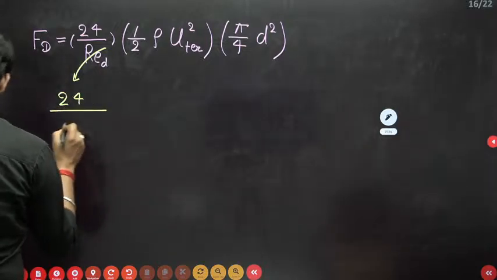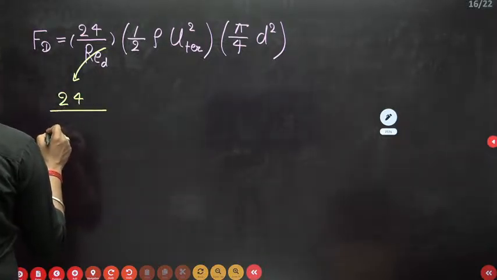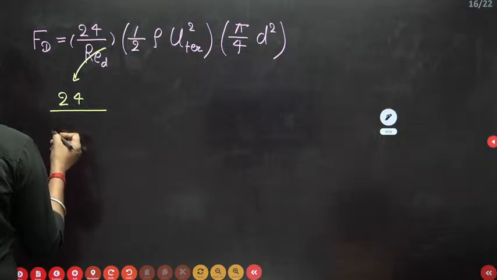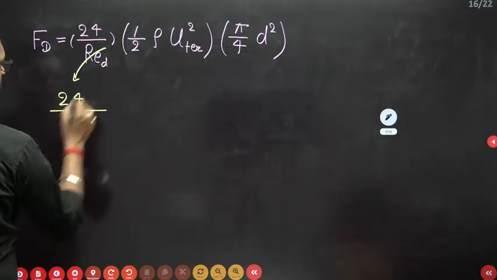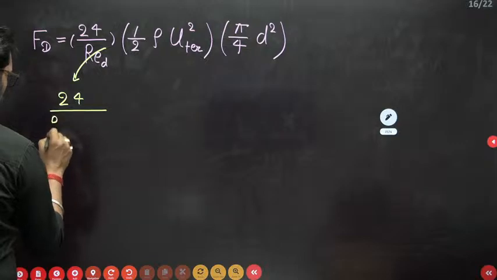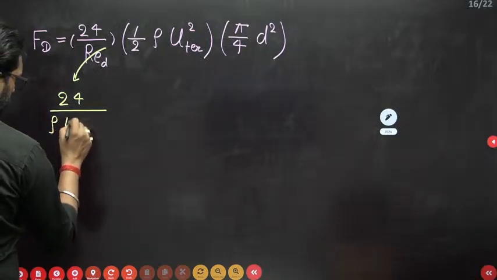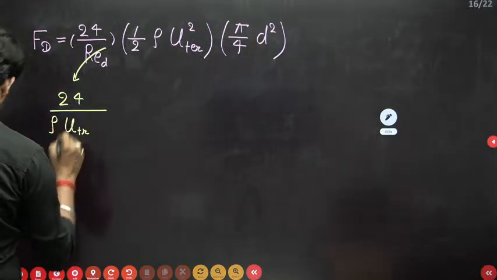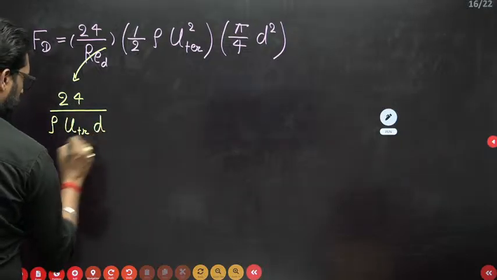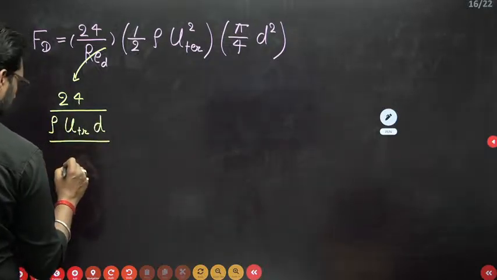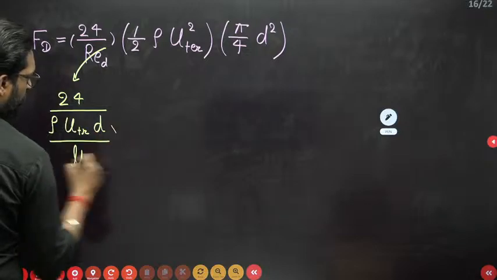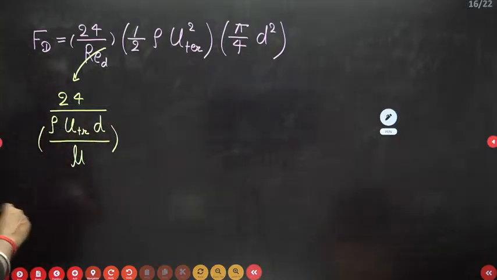24, and the Reynolds number is what? U terminal times D divided by dynamic viscosity, with rho. Clear now?